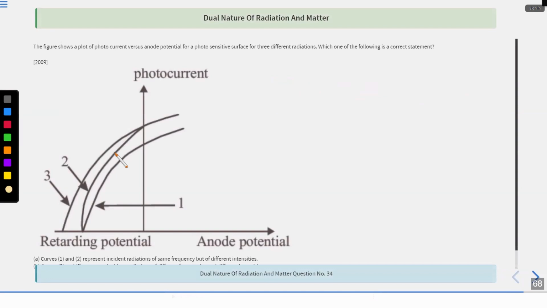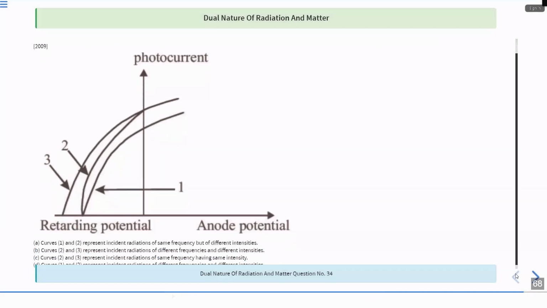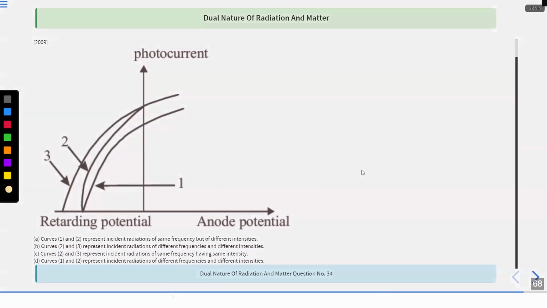Okay, so the next question is a bit figurative. The figure shows a plot of photocurrent versus anode potential for a photosensitive surface for three different radiations. Which one of the following is the correct statement? So the statements are: curves 1 and 2 represent incident radiations of the same frequency but of different intensities.